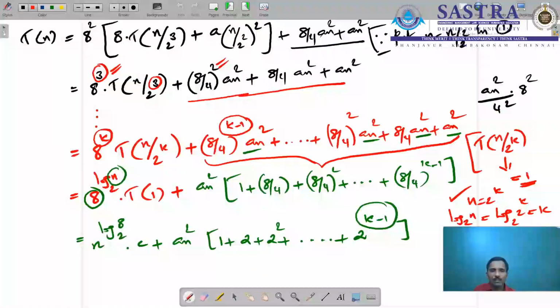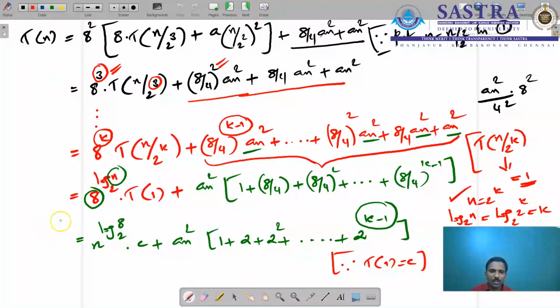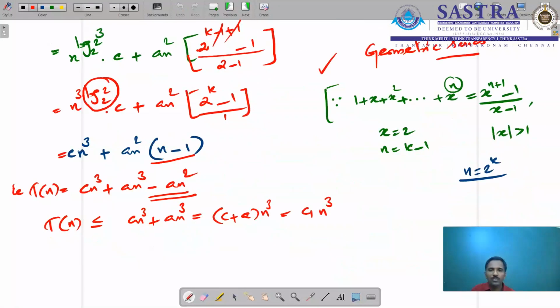Here we need to write T of 1, since T of 1 is equal to c from equation 2. When the actual parameter n becomes 1, the T of 1 value is c, so that c is replaced here. From this, we have the simplification as c into n power 3 plus the remaining terms simplified to the quantity a into n power 3 minus a into n power 2.